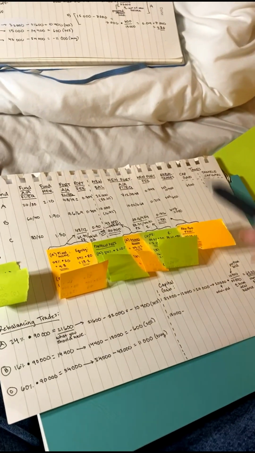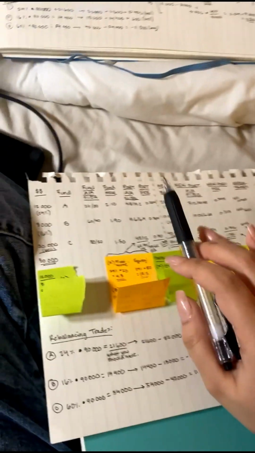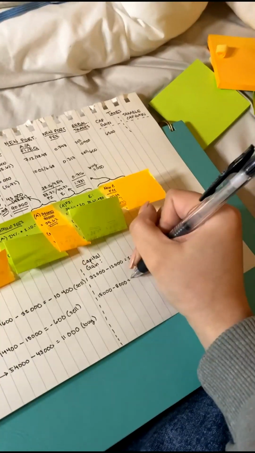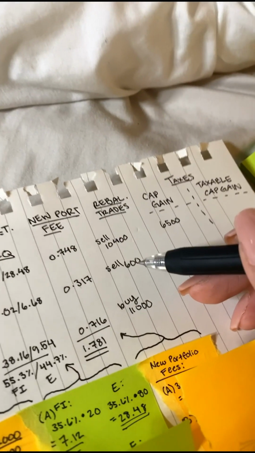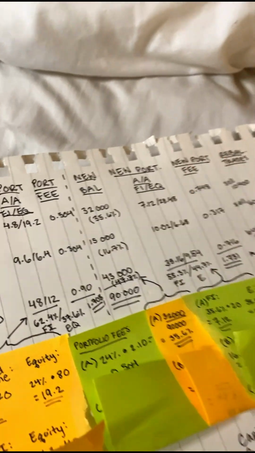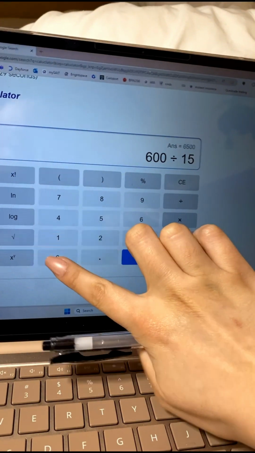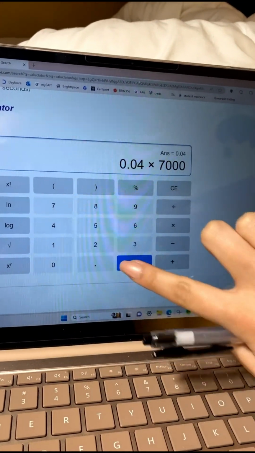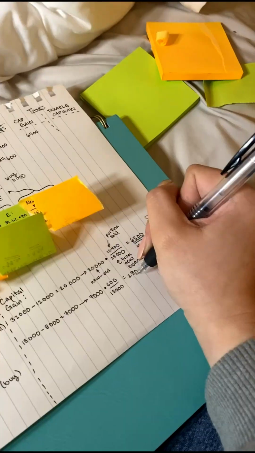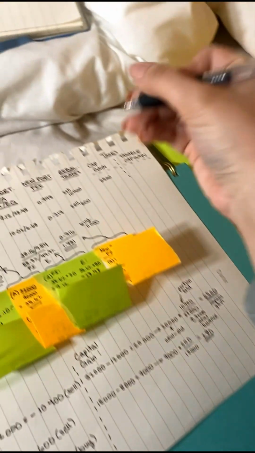And then for Fund B, it's the same thing. So 15,000 minus 8,000 gives you 7,000 times what you sold, 600, for B's new balance, equal 280. 280 is your capital gain.